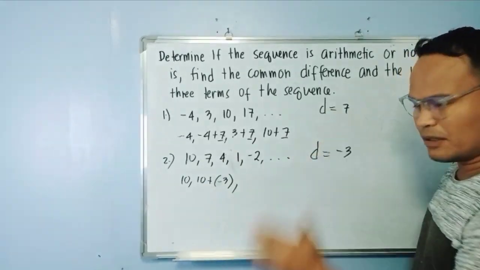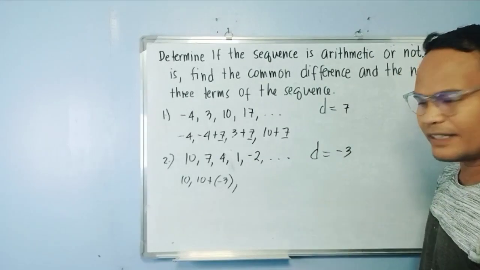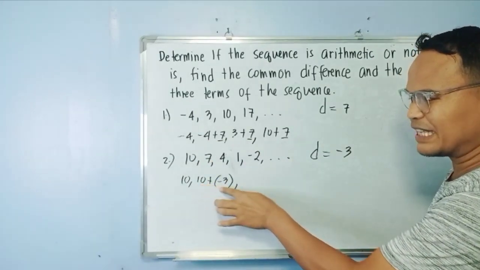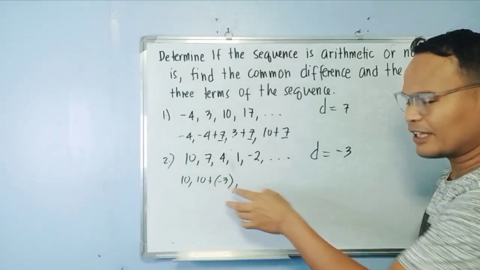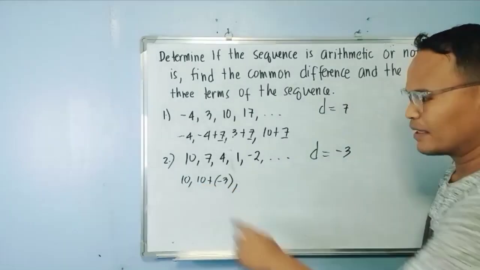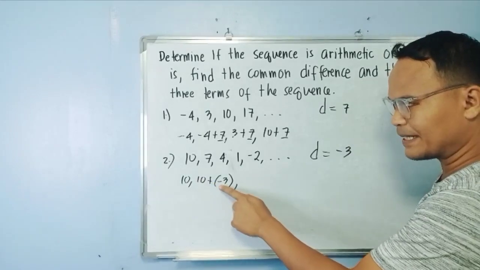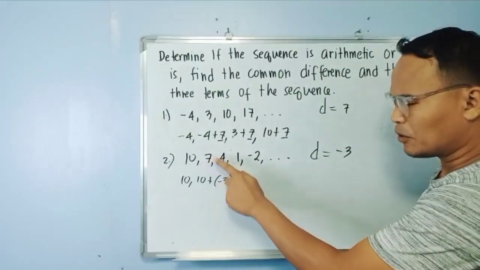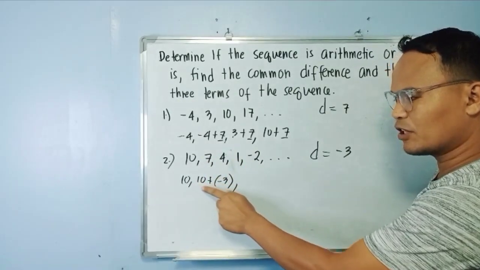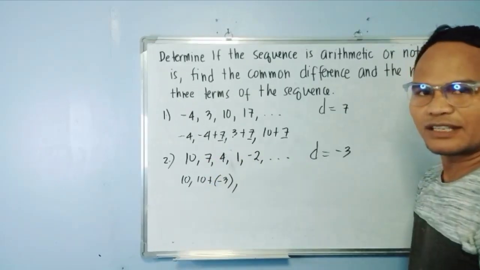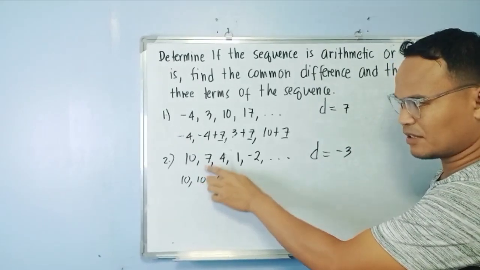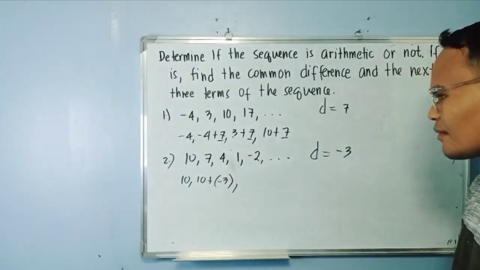No. Because by the rules of adding integers, as I said earlier, if the two integers have different signs, we are going to subtract the two integers. So we have 10 minus 3, the result is 7. And what is the sign of the answer? Whatever the sign of your bigger number should be the sign of your answer. So here, the bigger number is 10 and the sign of 10 is positive, so the result is positive.